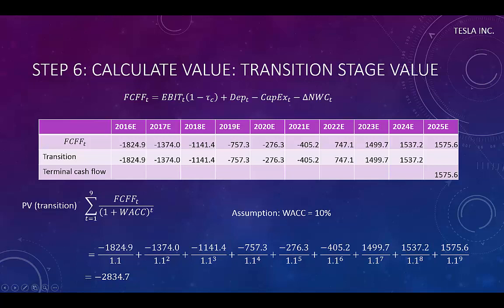The negative value in the transition period is because the company is growing and making substantial investments in this period, generating a negative cash flow stream. The cash flow turns positive in 2022, but since most of the years, and especially the years closer in time to today, have a negative cash flow, the transition value is negative.